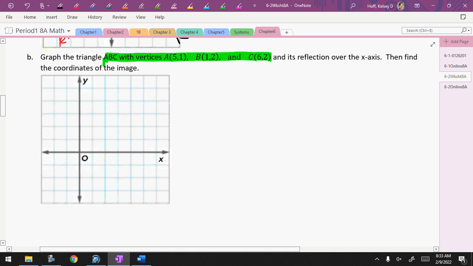Make sure you label your points. A little skinny triangle, isn't it?